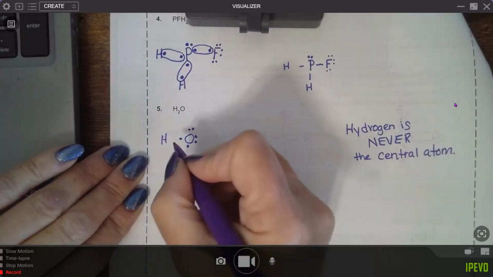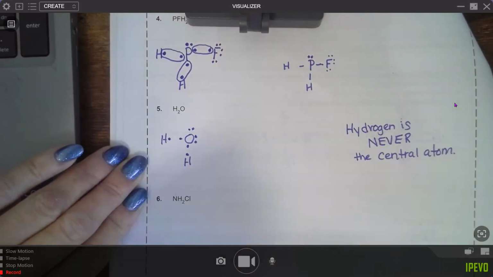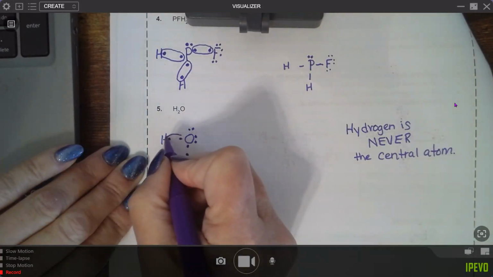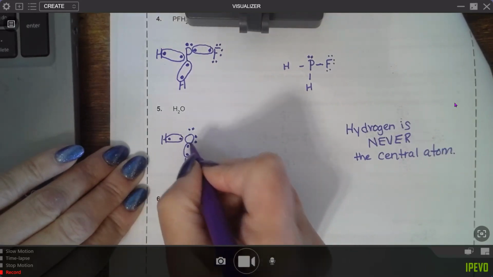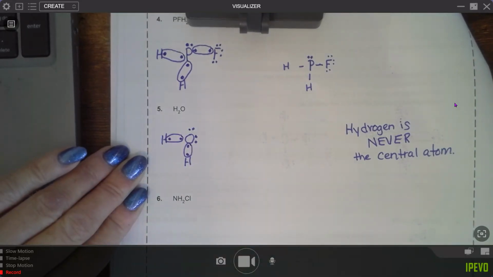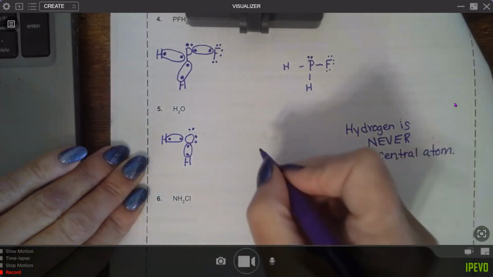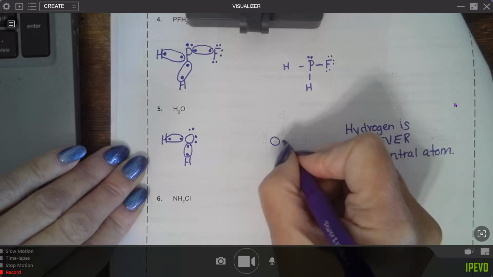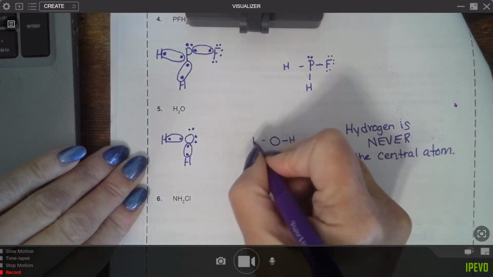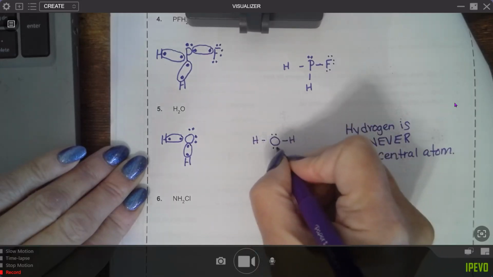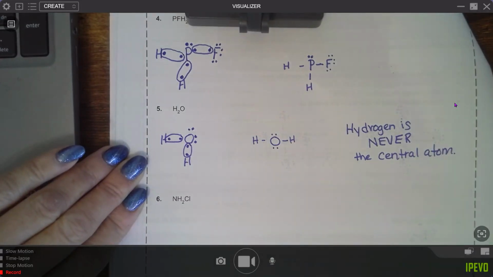Hydrogen's in group 1, one valence electron. And then I'm going to loop the lonely electrons, make them a part of a pair. And then I'm going to redraw water like this.